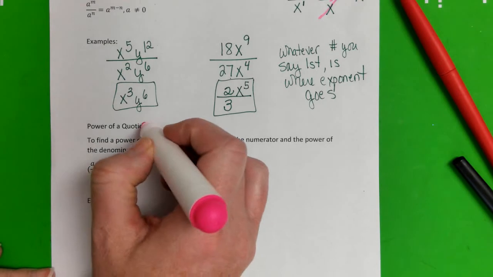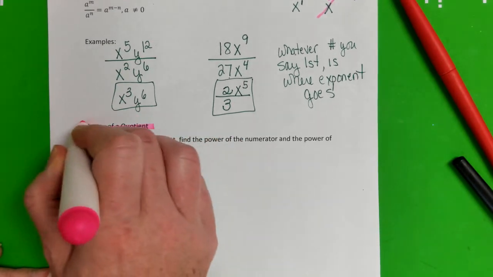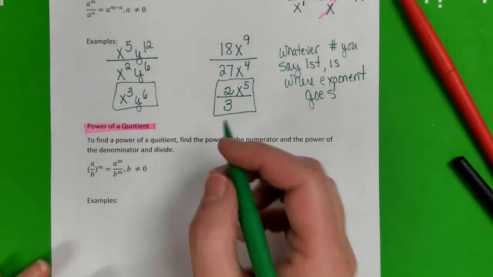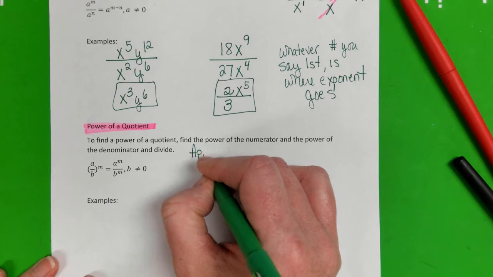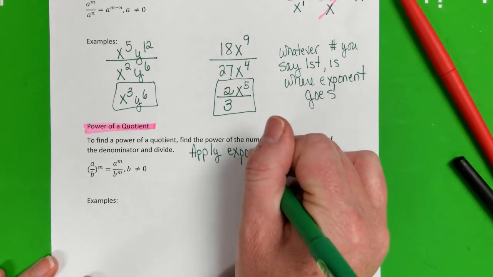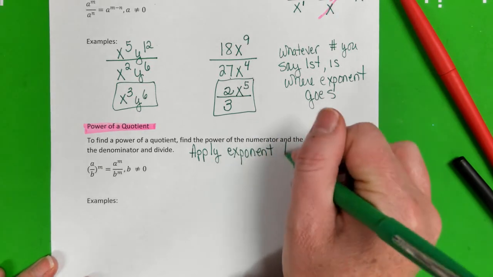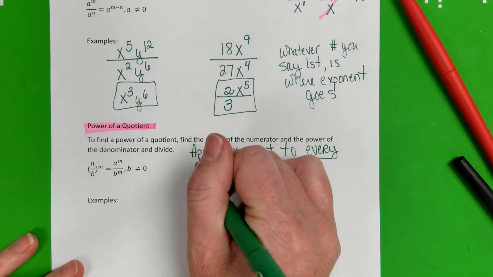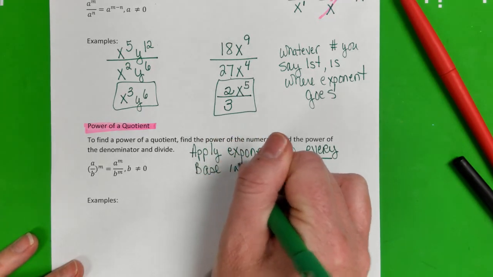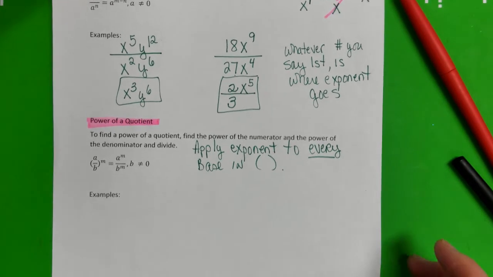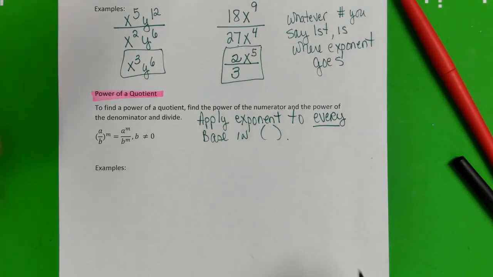Okay, the next rule is called power of a quotient. This is just like power of a product, and it's basically saying that, just like before, if we have a quotient in parentheses, we need to apply the exponent to every base in parentheses. Okay? Every base in parentheses. So that can get a little bit tricky sometimes.